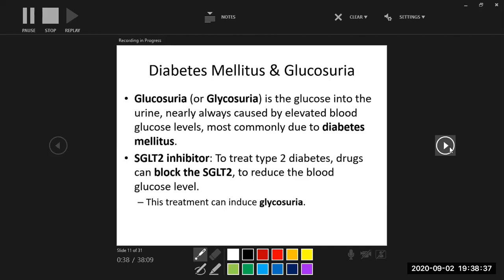The glucose in the urine, this condition, is called glucosuria or glycosuria. That is the term to describe glucose seen in the urine.